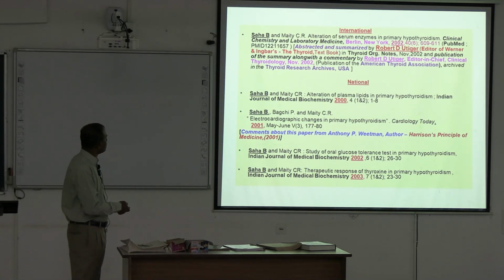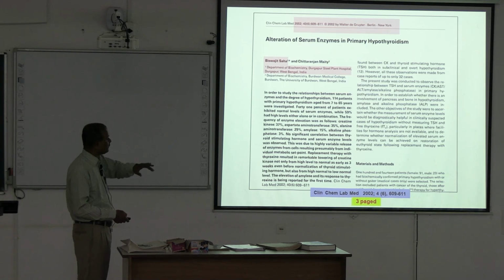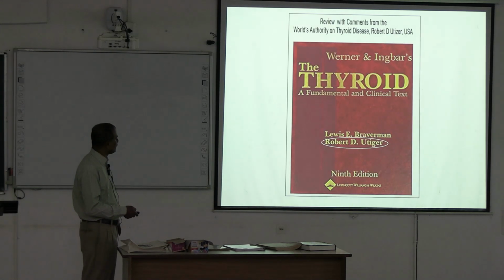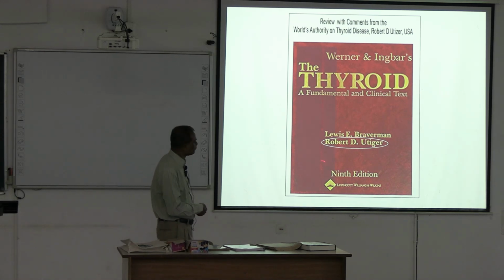So, as you can see, this paper was published from Durgapur to Berlin and New York in 2002, and you can see this book. The thyroid world authority, Robert D. Utiger, was the author.